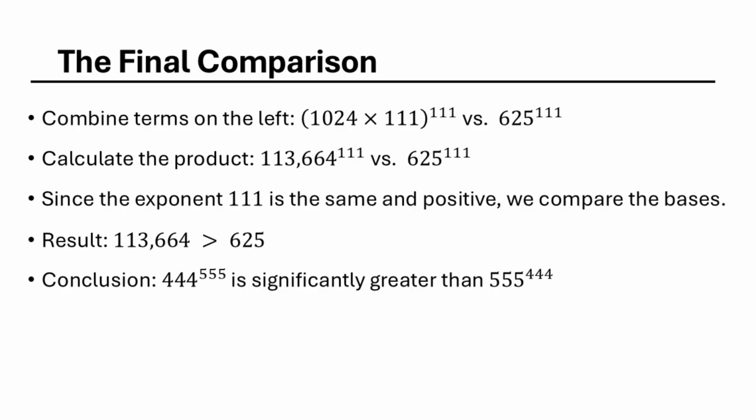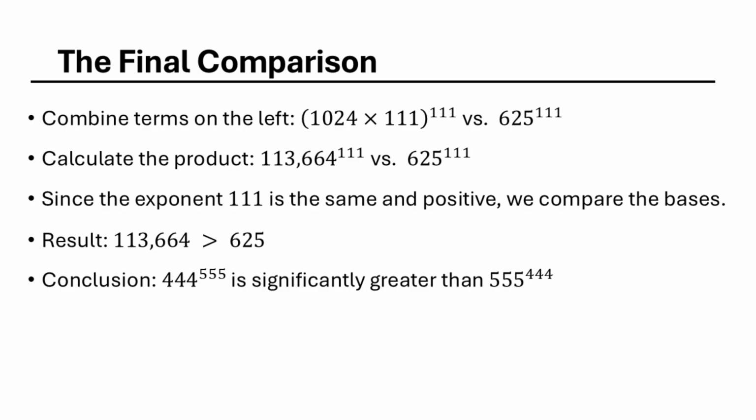On the left side, since both 1024 and 111 are raised to the power of 111, we can combine them using the power of a product rule in reverse. This gives us (1024 times 111) all raised to the power of 111.